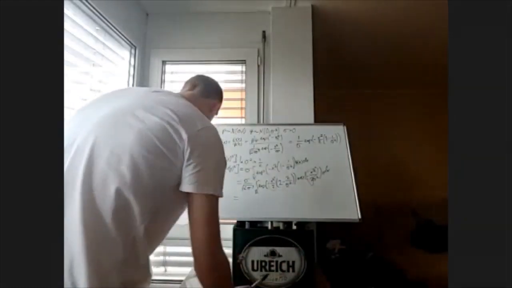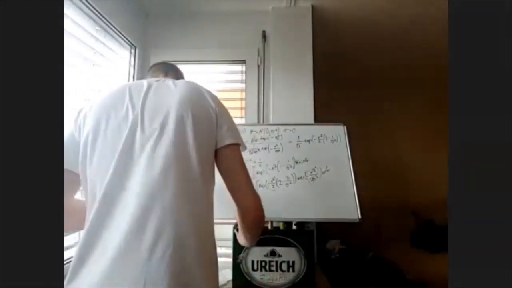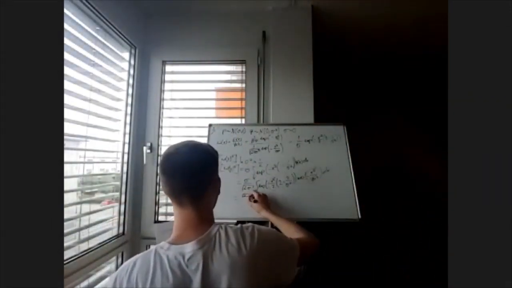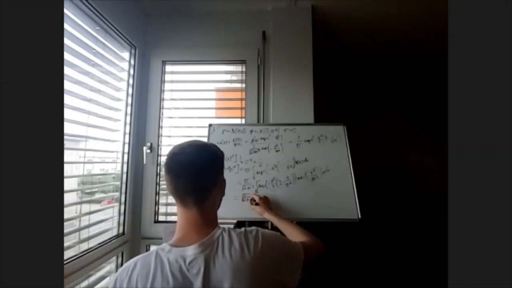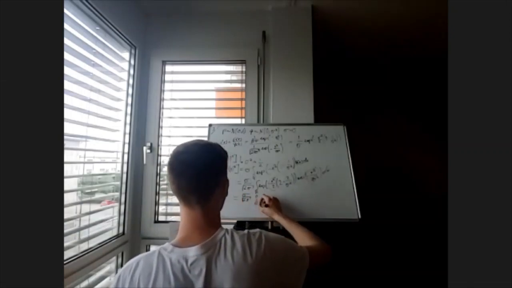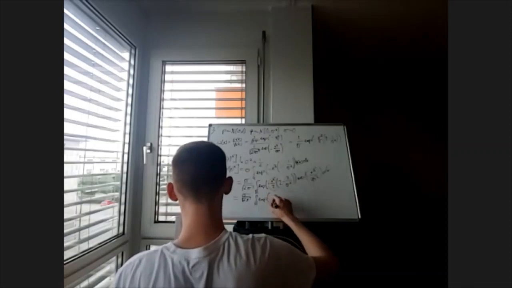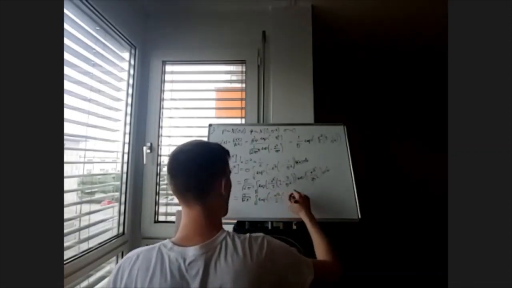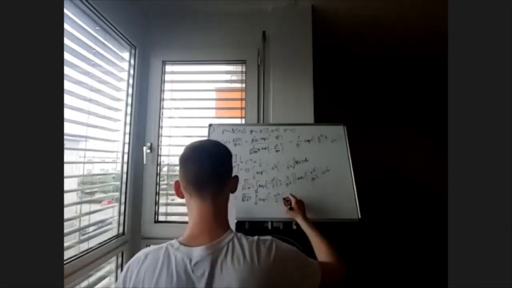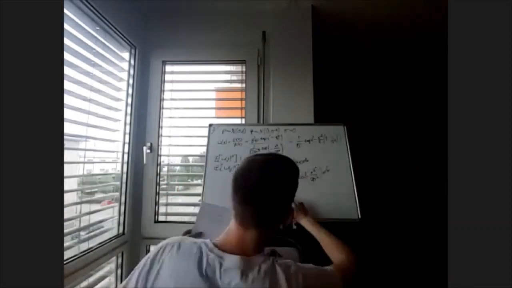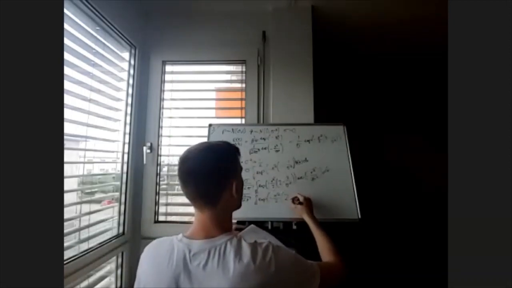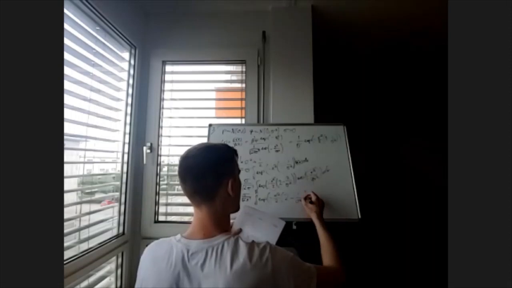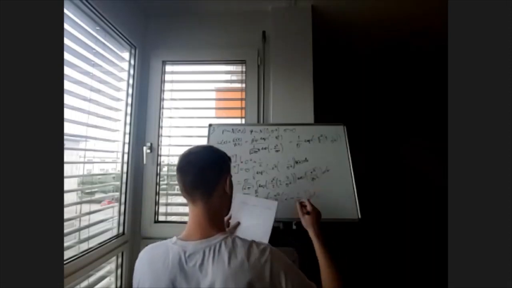So we know that two minus 1 over sigma squared dx.